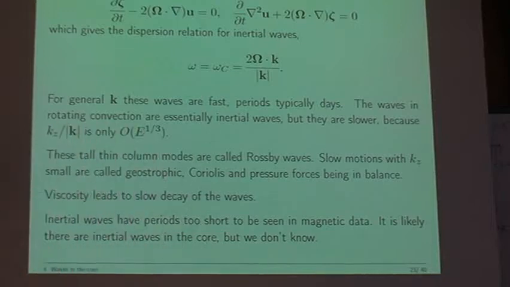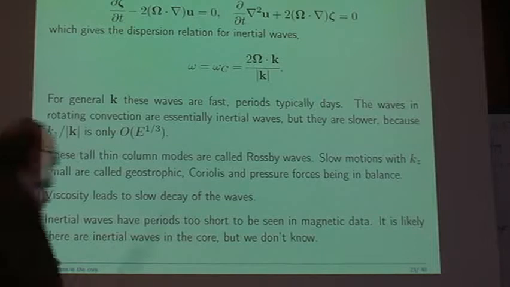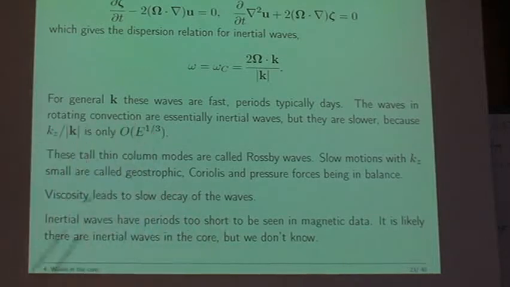But it's almost certainly there, and it's certainly found in all the rotating lab experiments that are done. Dan Lathrop has a rather nice example where he translated the signal into actual notes that you can hear, a sort of little symphony coming out of an experiment where all the frequencies corresponding to these various waves are present.